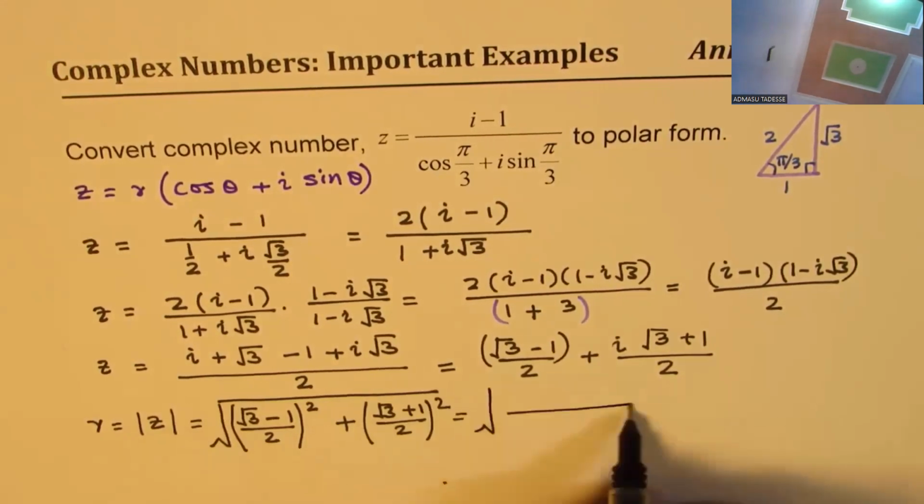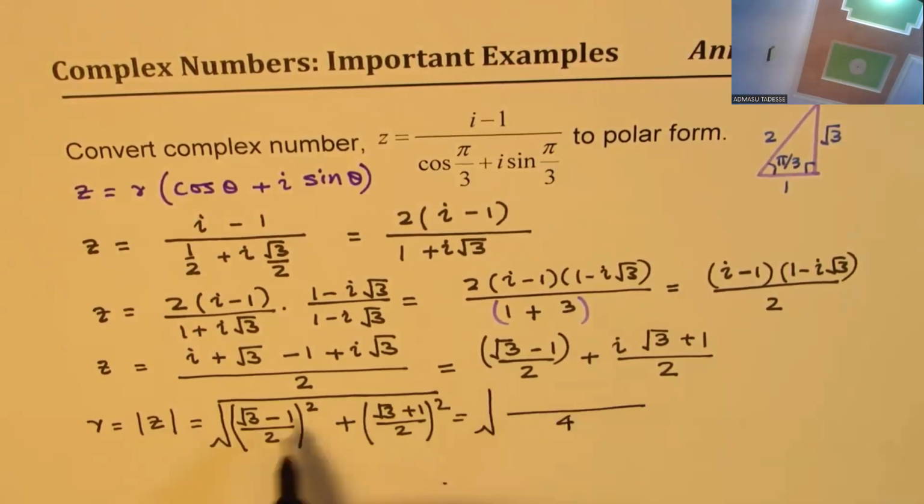We get 4 in the denominator. In the numerator, a squared plus b squared, the cross terms will cancel out, right? Let's expand this.